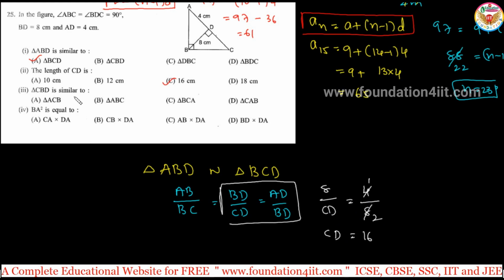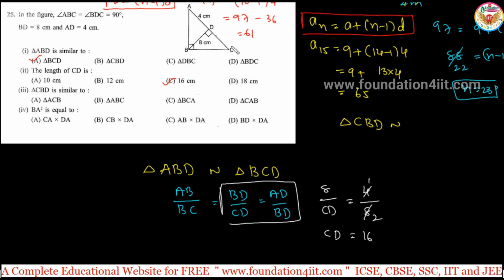CBD is similar to... observe this. CBD is similar to ACB, or ABC, all are about the entire triangle. So in this CBD, just write here: CBD. This triangle is similar to... In this CBD, CB is the hypotenuse. We need to take C, which is the common angle for both CBD and CBA.